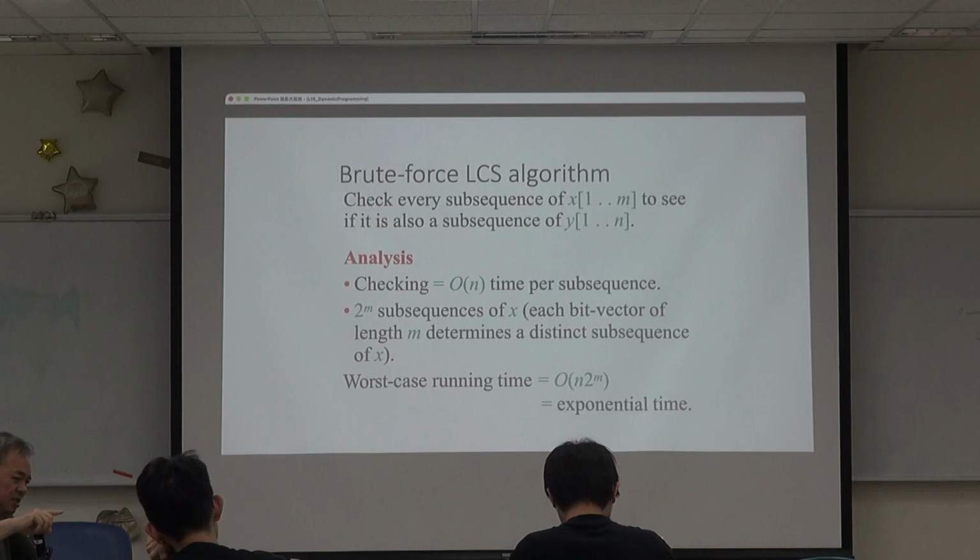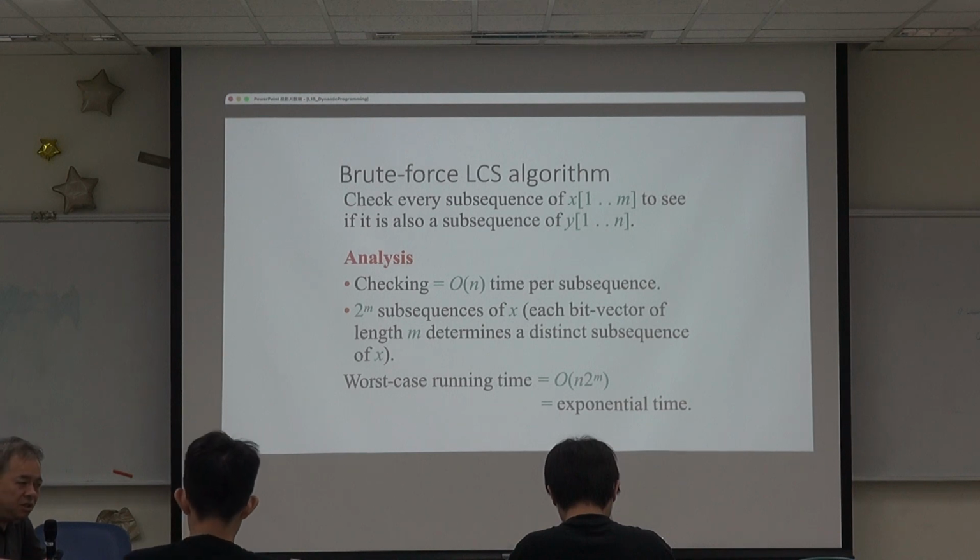You have 2 to the power of n possibilities here. So that is the number of subsequences you need to check from the sequence X. But once you are given a subsequence, checking if it appears in the sequence Y is kind of straightforward, right?